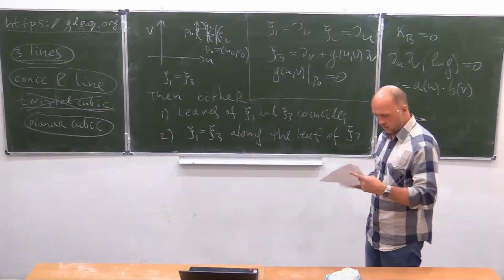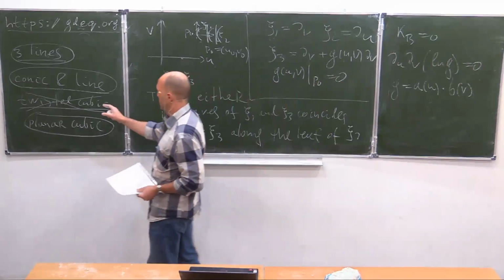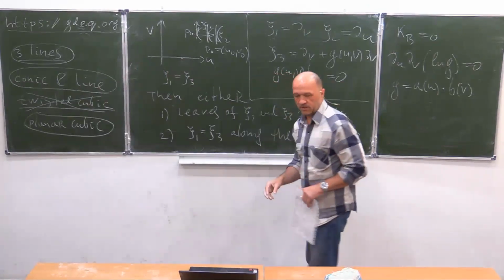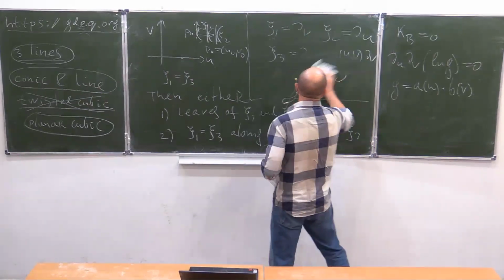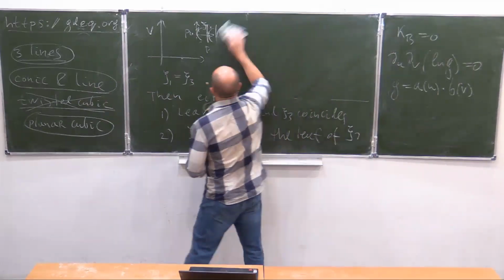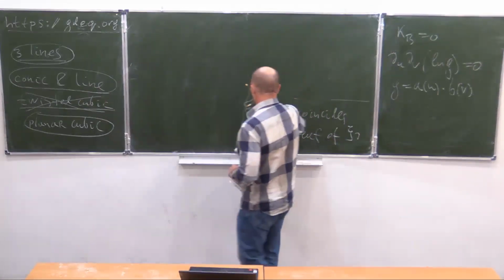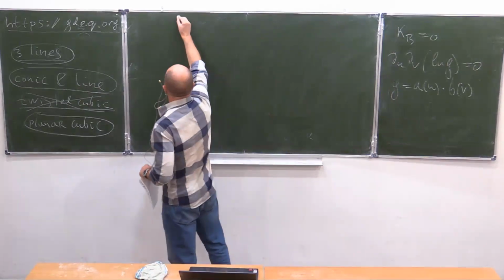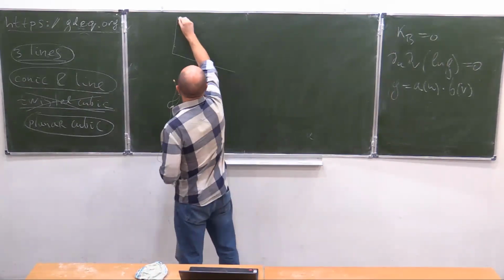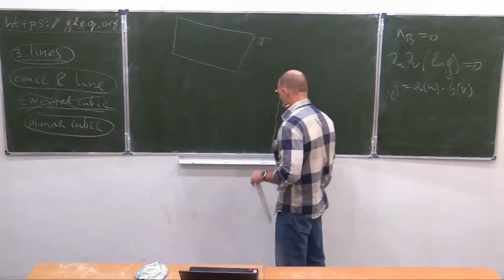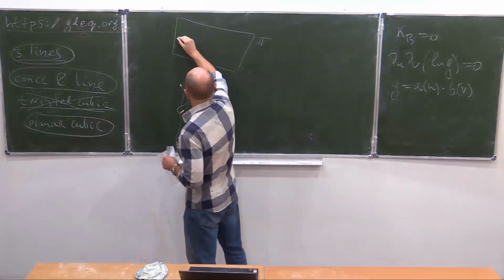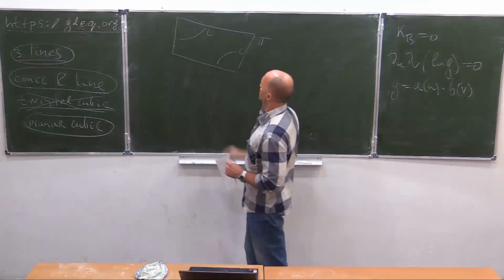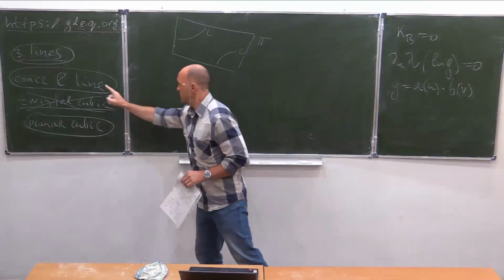Well, let me say a few words about how it works, the Shelikhov lemma. This is a bit simpler to explain. So we have a plane, the plane of the polar conic. So we have a conic and a line.